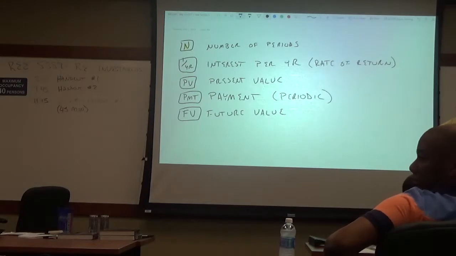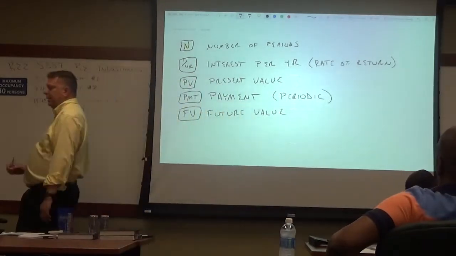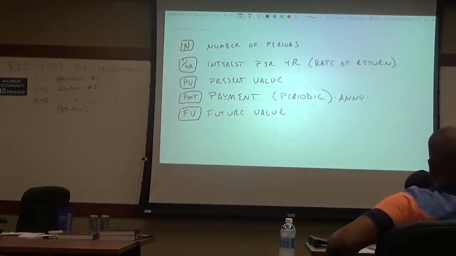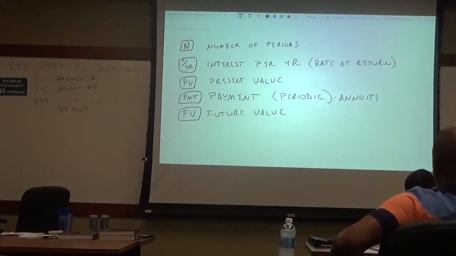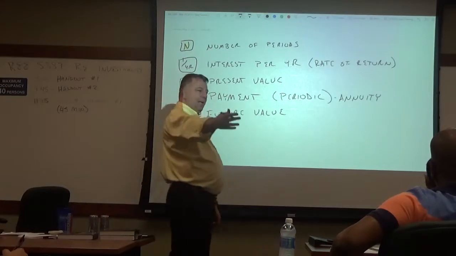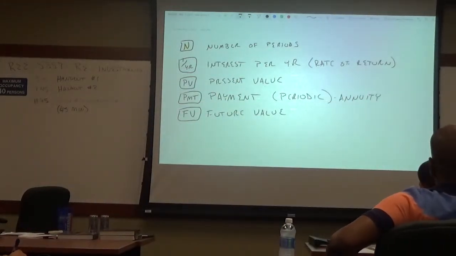Is that like an annuity? It also can be referred to, in some cases, as an annuity, which simply means a fixed payment either being made or received for a fixed period of time.